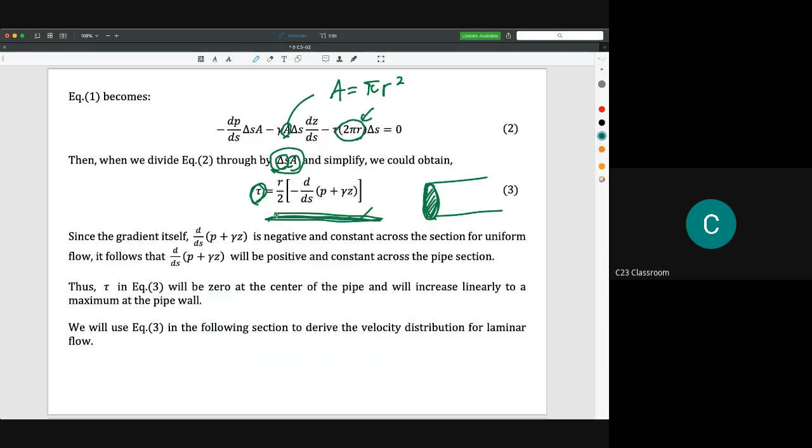Again, the terms of minus d ds of p plus gamma z, so the d dz here refers to negative dp over ds minus gamma times dz over ds.